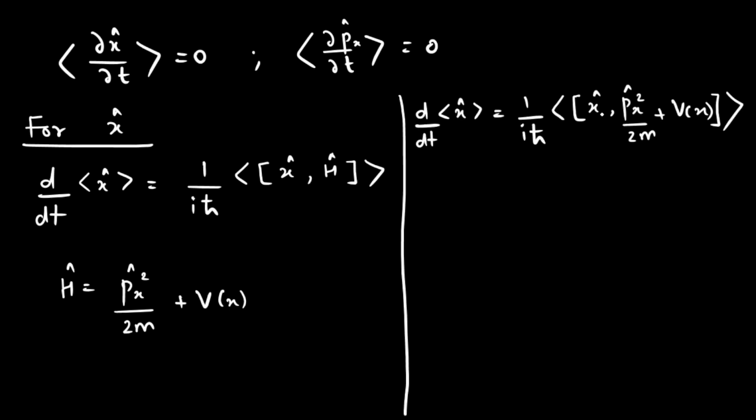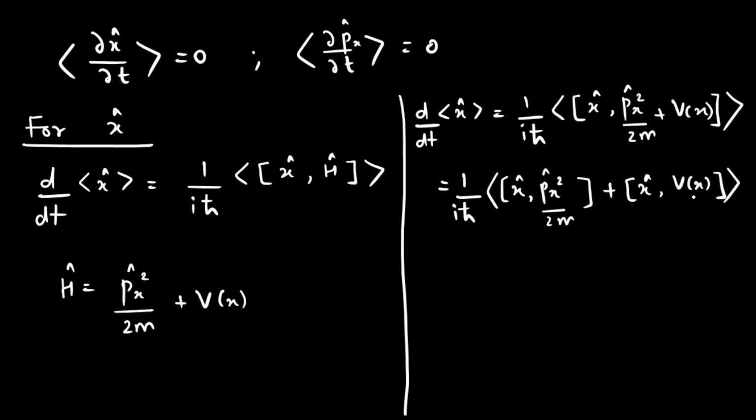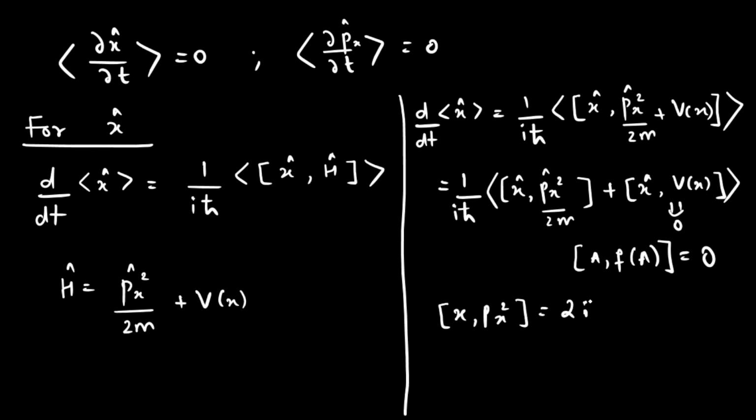By expanding the commutation we get a scalar potential which is a function of x, and we know the commutation relation between an operator and its function is 0, which implies this term would be 0. So we are only left with this term, and we know the commutator of x and px square is equal to 2 i h cut px. So putting this value here, our final expression for x cap becomes this expression, where we have cancelled i h cut from the denominator.